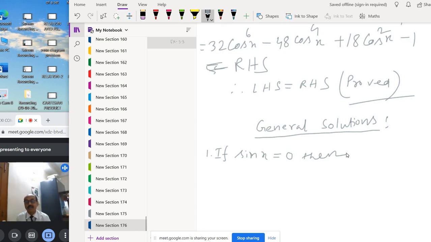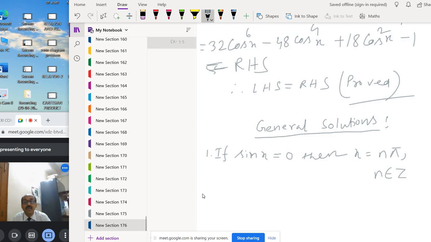Then x equal to n pi, where n belongs to Z. N belongs to Z means integer, can be any positive or negative integer. So if sin x equal to 0, then x equal to n pi. This is the solution of sin x equal to 0.